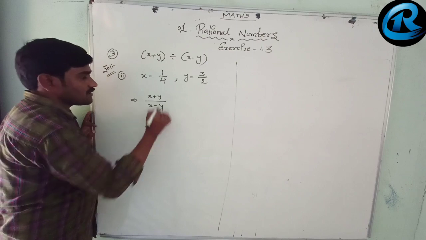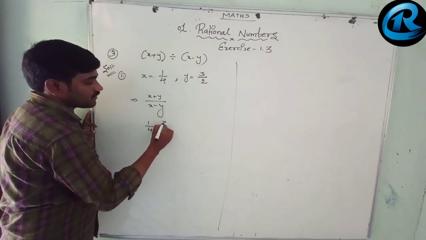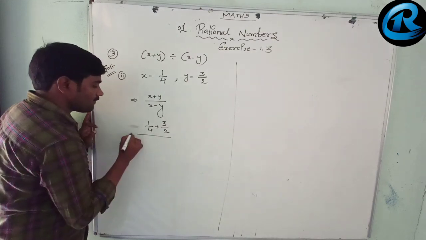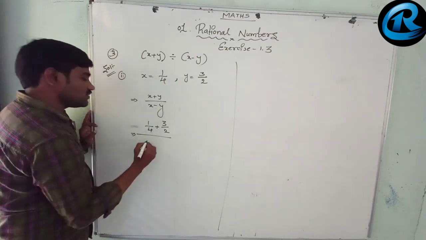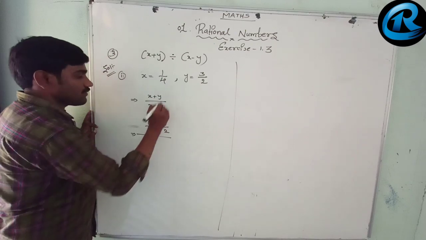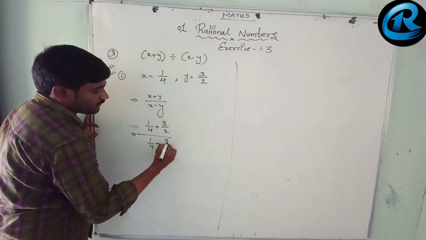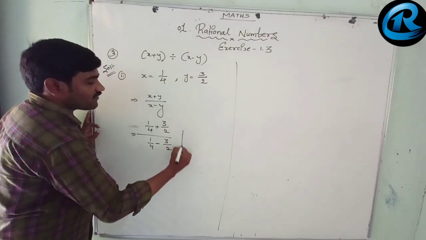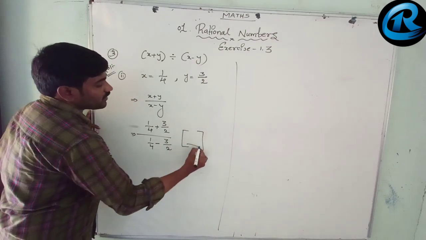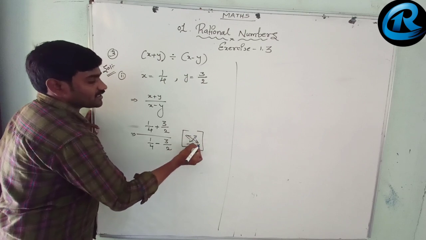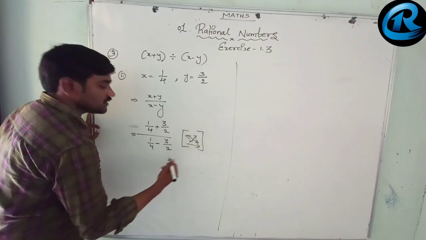1 by 4 plus y value is 3 by 2. Okay. Whole by, here x value is 1 by 4 minus y value is what? 3 by 2. Now what we have to do? Simple. You do the cross multiplication. First you multiply the denominators, then this one and these two numbers like that.